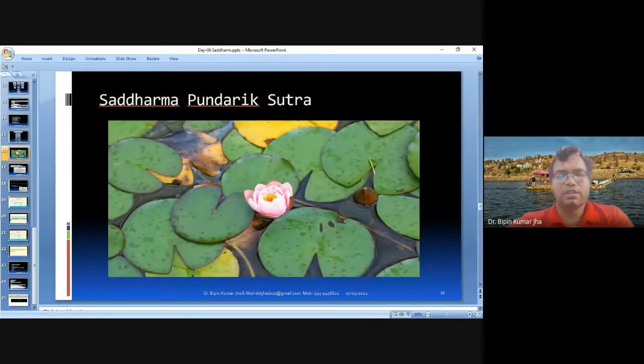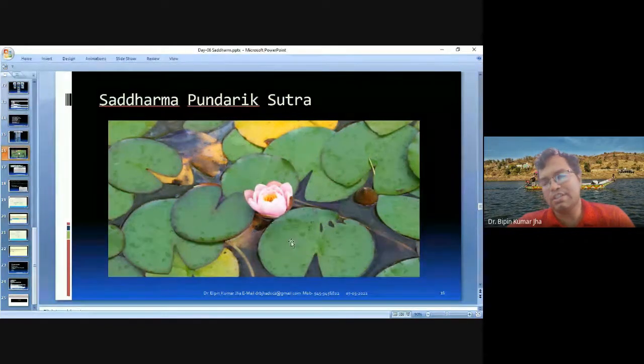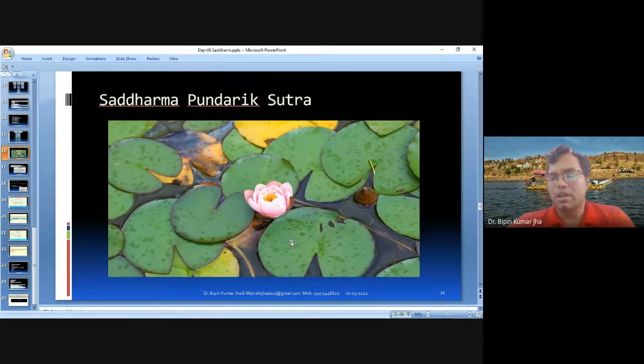This is the lotus, and here you can see clearly that these are drops of water, but these drops do not have such capability that they will affect the leaf of the lotus.